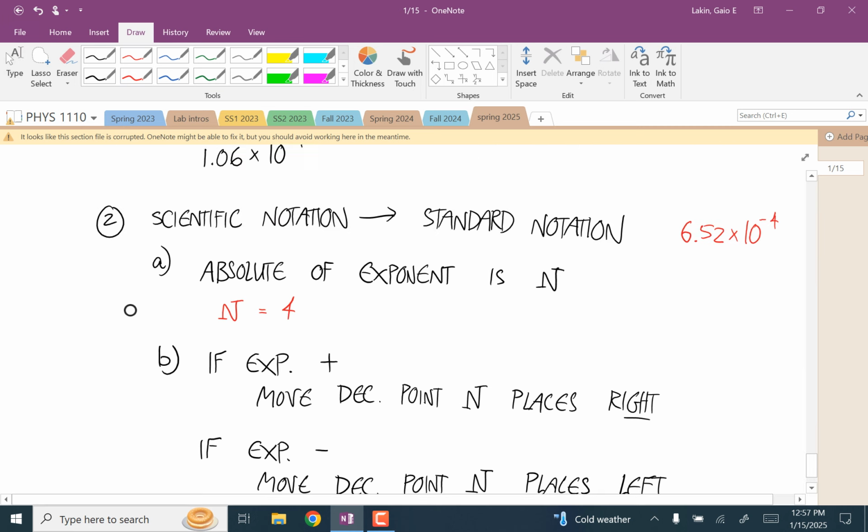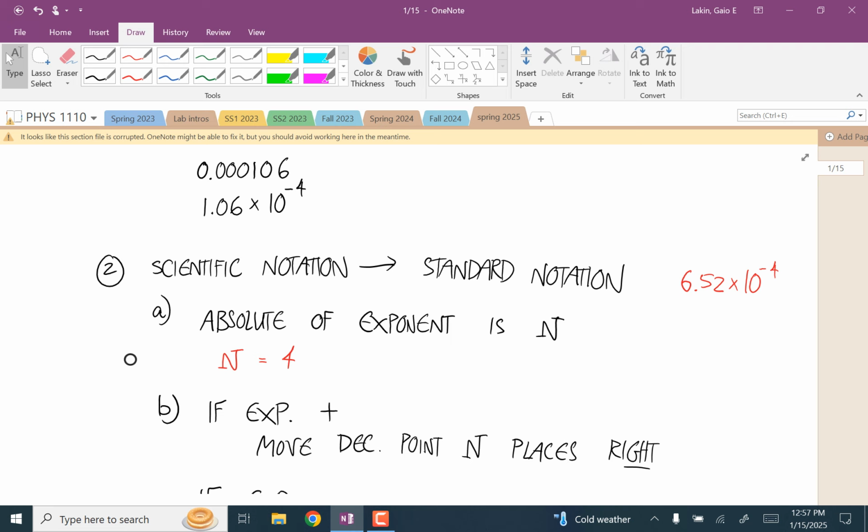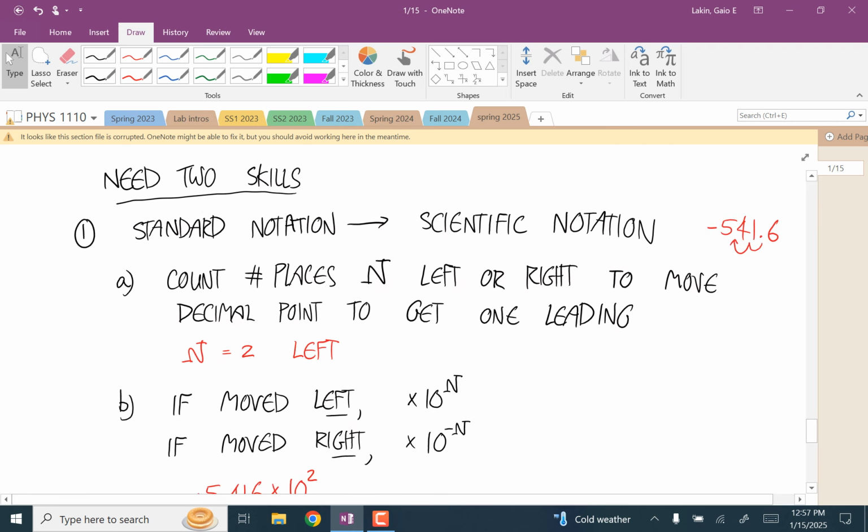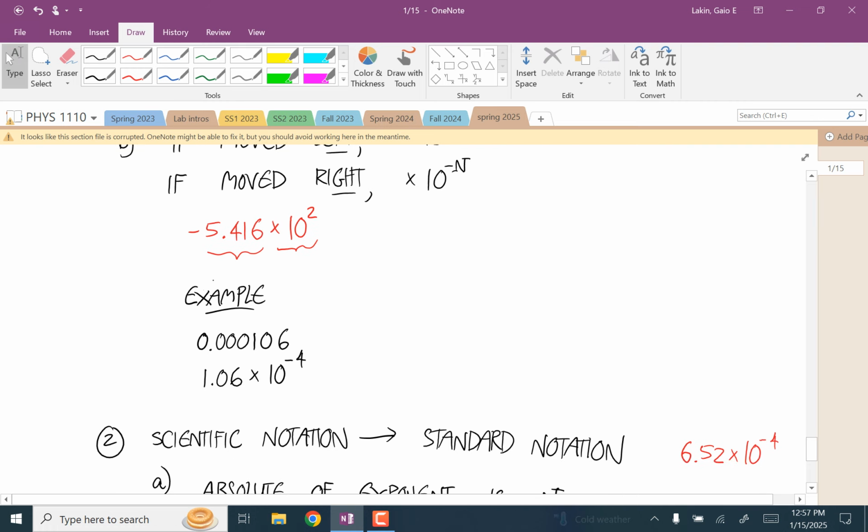But an interesting thing about scientific notation is, look at this number. Where did I start? Look at this number, 0.000106. If someone asked you to tell them how many significant figures there were in that number, you'd have to remember all these rules that you learned, and they're kind of tricky.